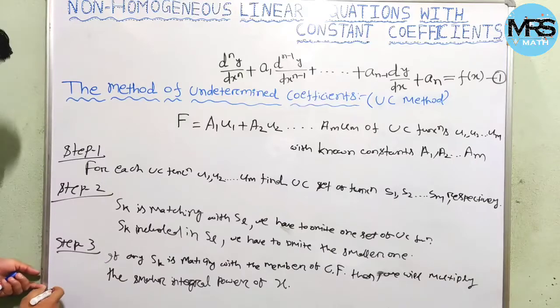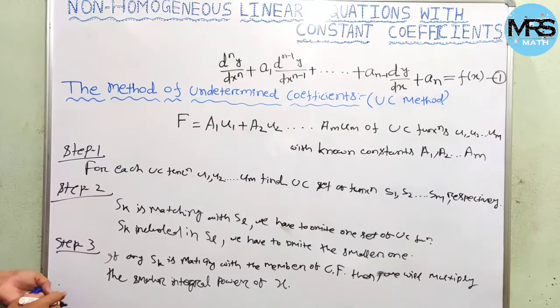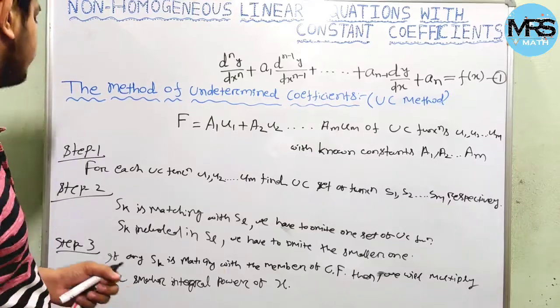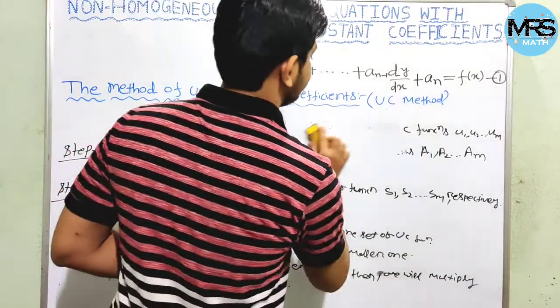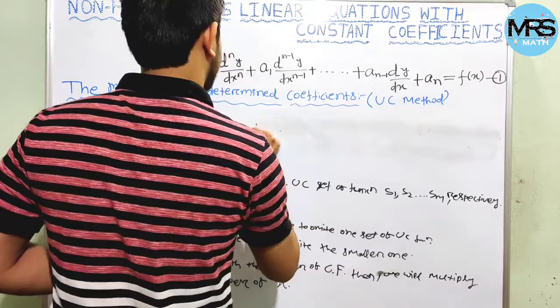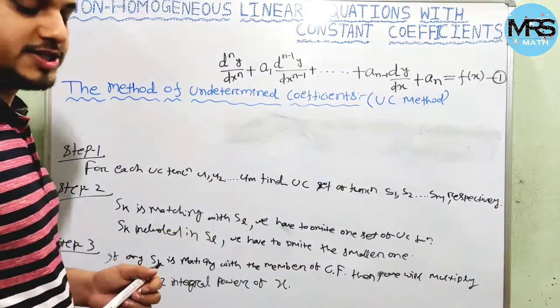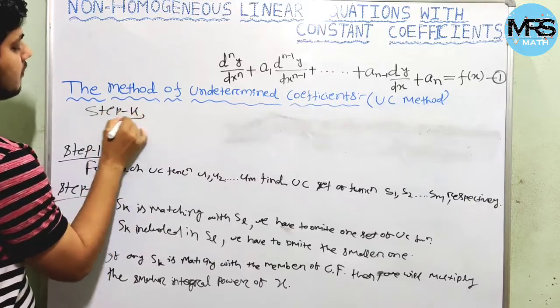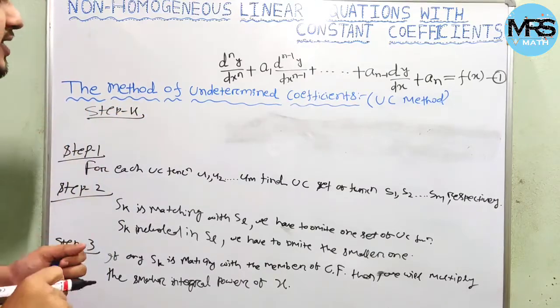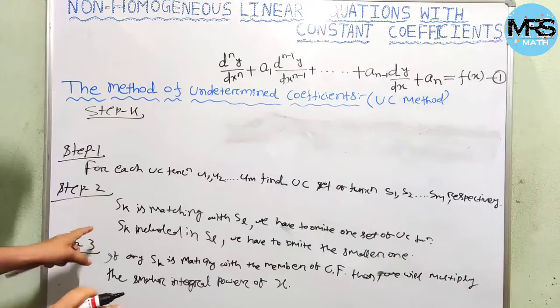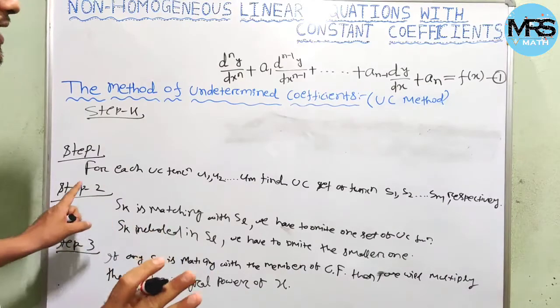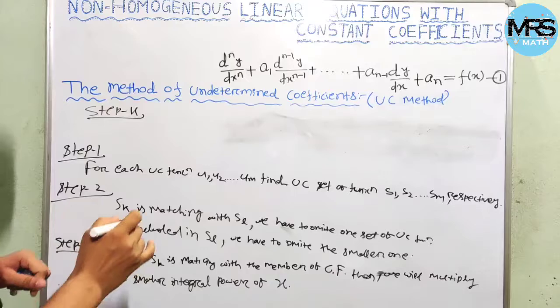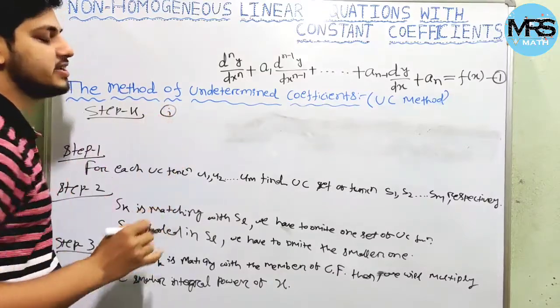Okay, so now we'll proceed to step 4. Step 4 and step 5, two steps are there. What will we do in step 4? If the omission is over, now two cases may arise.